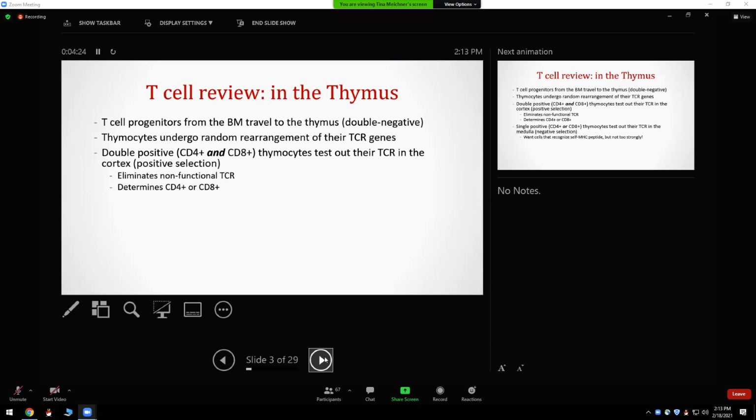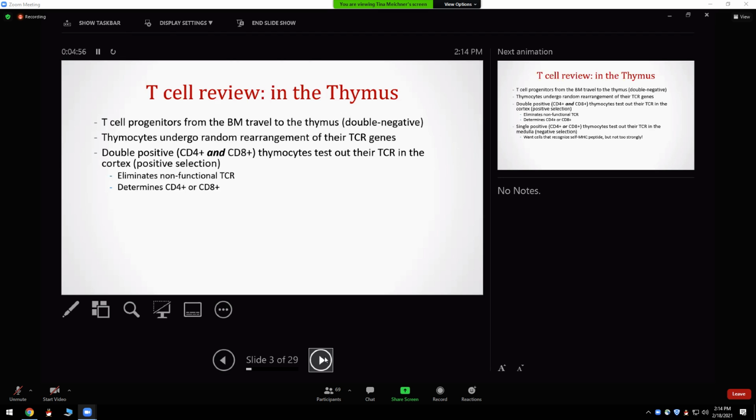The next step, at this stage, they're double positive. Then they undergo what we call positive selection in the cortex, superficial in the thymus. Positive selection eliminates T cells with a non-functional T cell receptor that wouldn't recognize anything, because these are useless.